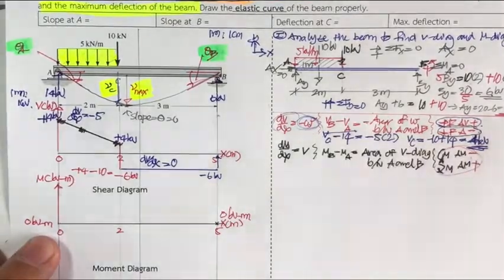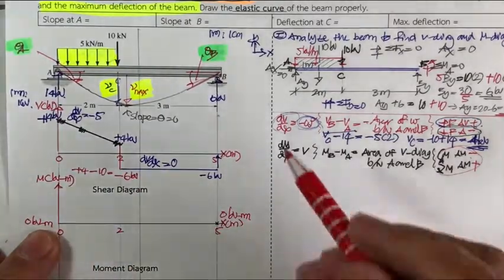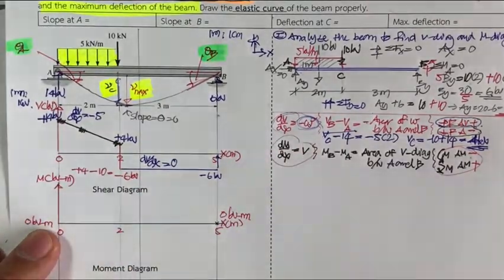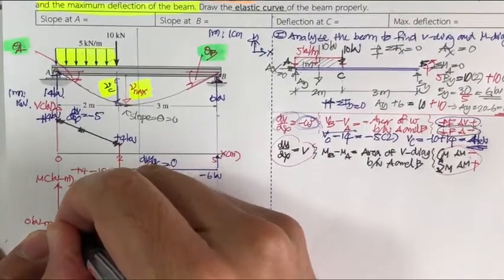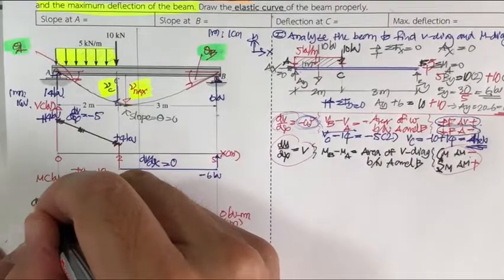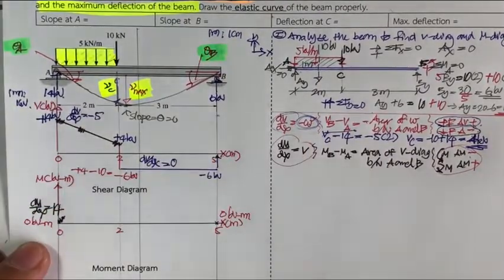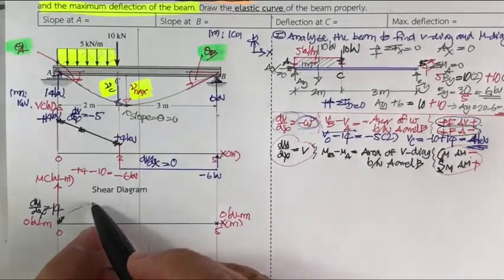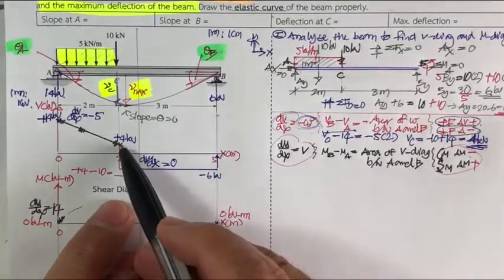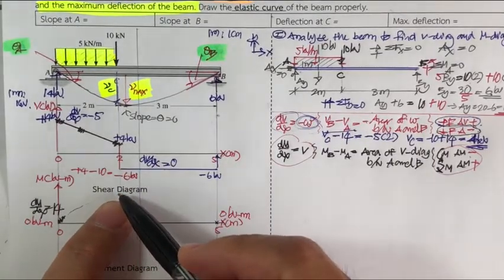Okay, by using this, and then you move here. That means your slope here is going to be really upward. So dM by dx equal to 14 positive. And then the slope reduces, and it's going to be dM by dx equal to 4 on the left.